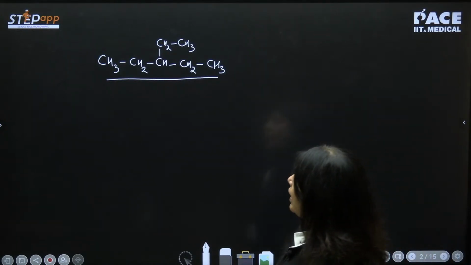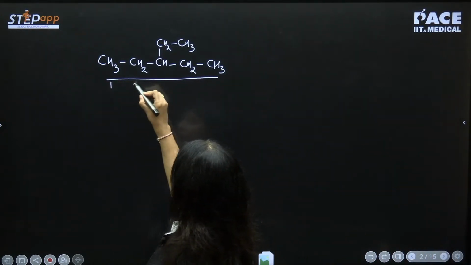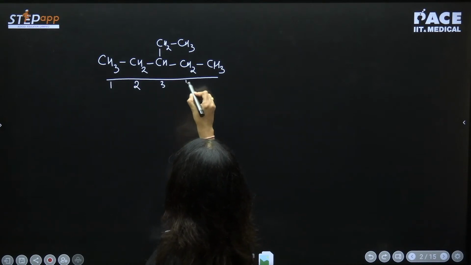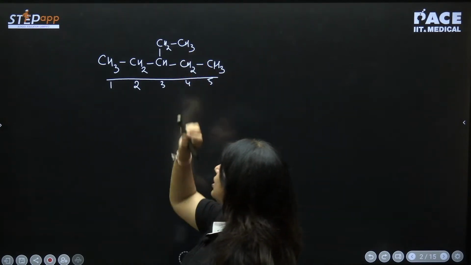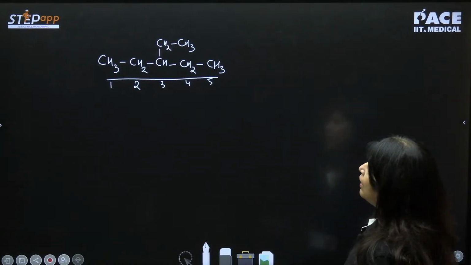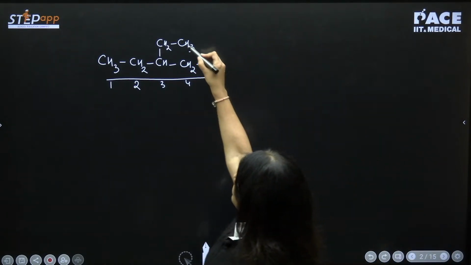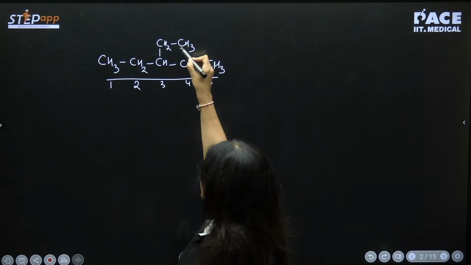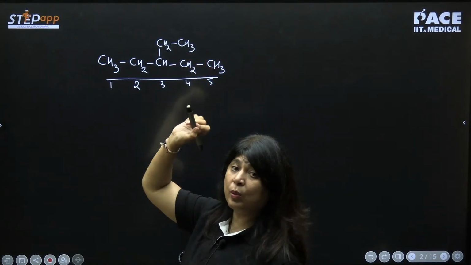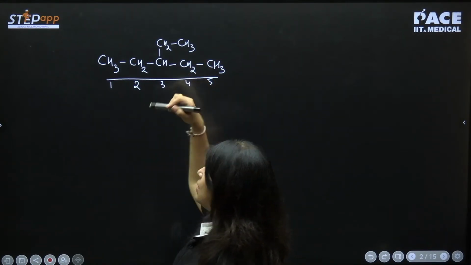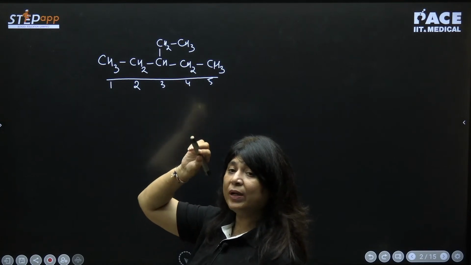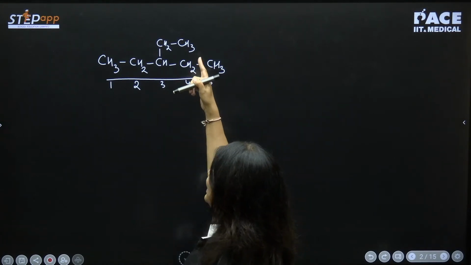Numbering again from left to right or right to left will give me the same number for the substituent, that is position 3. The third carbon here has a 2 carbon substituent. 2 carbon means the root word for that is eth. Since it's a substituent, its name is going to end in YL. So it's an ethyl group.